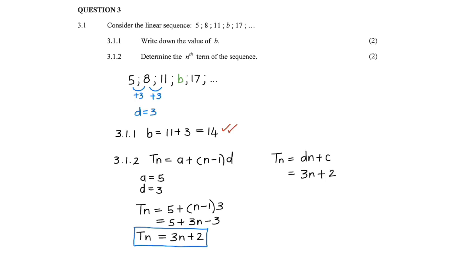The first term is 5. And then we subtract 3, which gives us 2. So c is equal to 2. So here you will get 1 mark for the correct form, 3n, and you will get 1 mark for correctly determining the value of c.